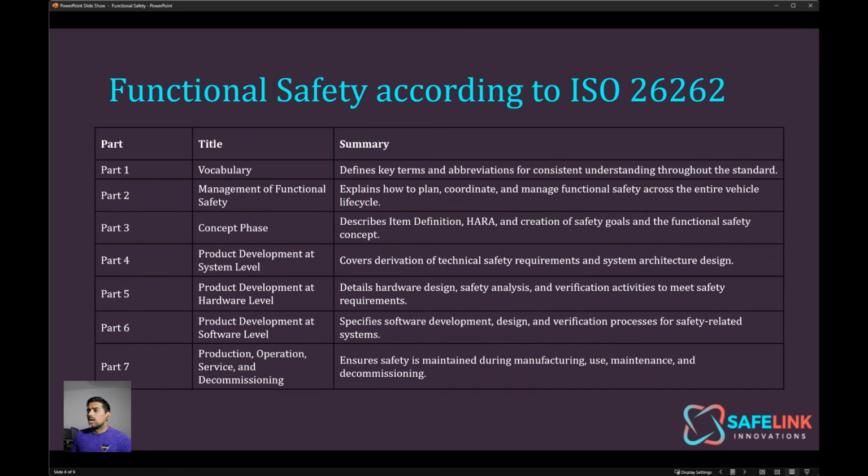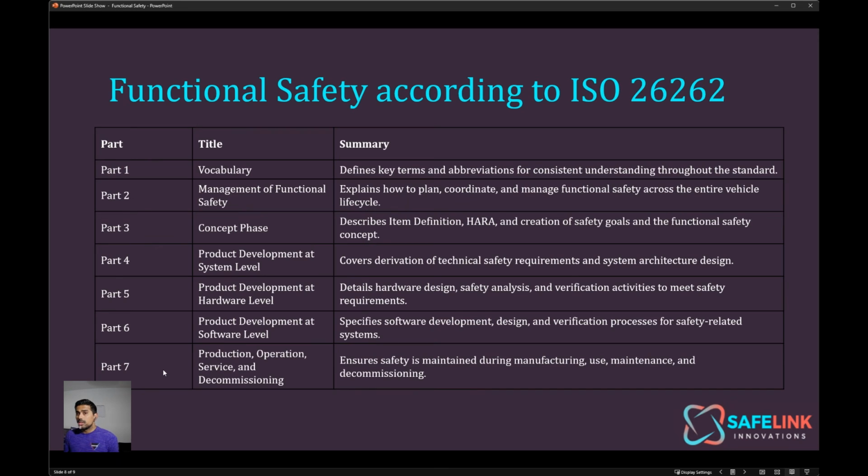If you are a safety manager who's trying to understand what needs to be done from safety, it is very important that the safety manager understands all the work products and processes in all parts of the ISO 26262. If you're a safety engineer who's working at a system level, it's important that you understand part 3, part 4, part 7 of the ISO 26262.